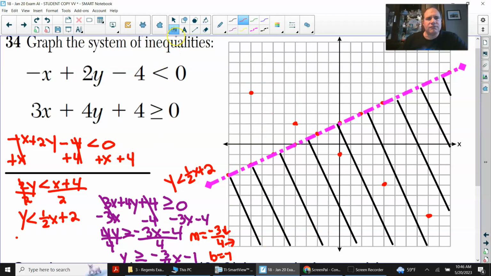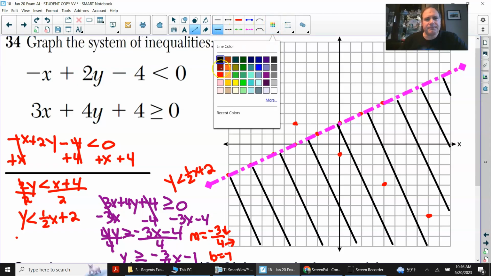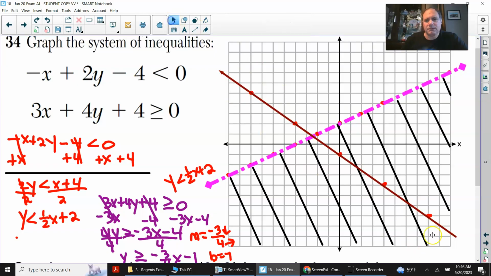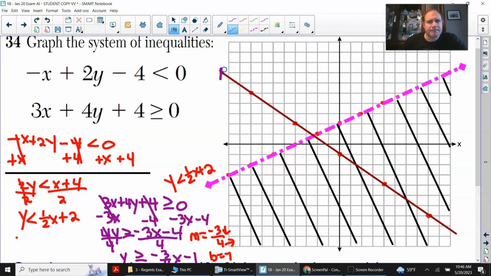This is a greater than or equal to, so that means the line will be solid. So there's my line. Just making sure I put arrows on each end. And I have to shade. This is greater than. So I'm shading up.